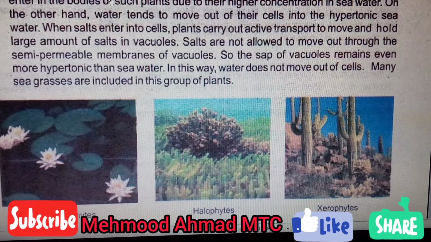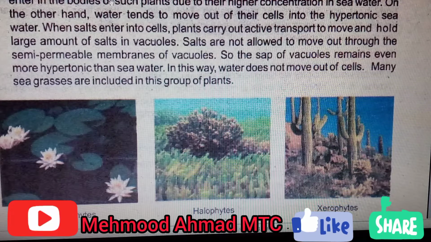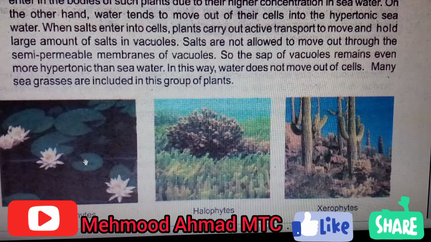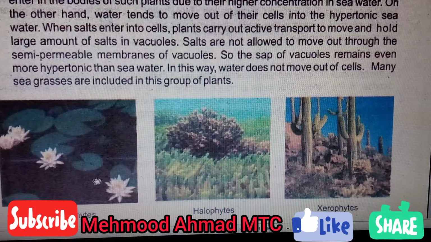Students, there are the pictures of some hydrophytes, halophytes, and xerophytes plants. These are the hydrophytes, the water lily. They have broad leaves, so they can transpire more water because they have sufficient water supply. The other is halophytes. These are under sea or on the surface of sea.